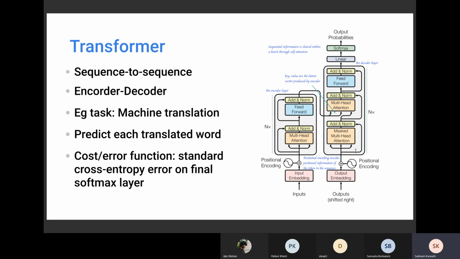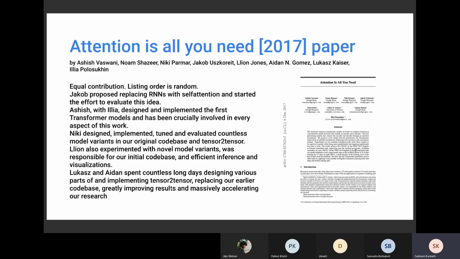It encodes the input sequence to some vector format, then this vector format is decoded to the other sequence. In translation, the problem is to predict each translated word at a given position, and usually people use a cross entropy cost or error function on the final layer.